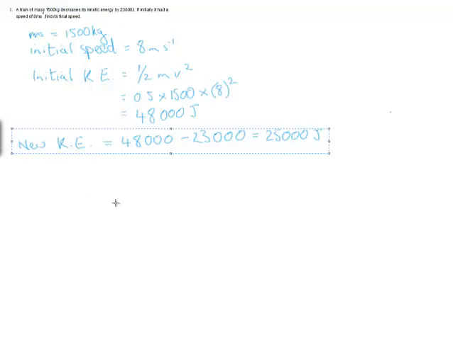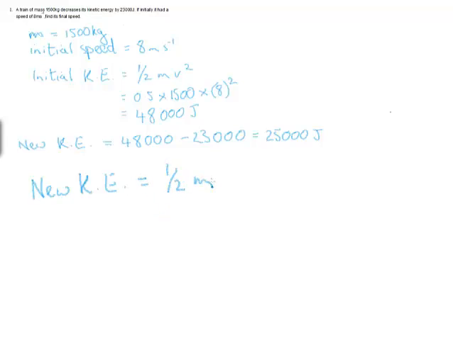So now that we know what our new kinetic energy is, we can use the formula again for kinetic energy to find the velocity. So if we write down new kinetic energy, which we know now is 25,000 joules, equals a half times the mass times the velocity squared, and we can rearrange that equation by dividing both sides by half times the mass.